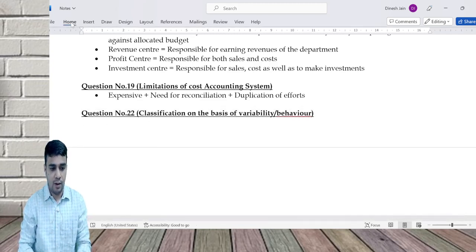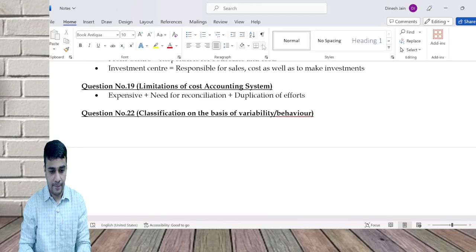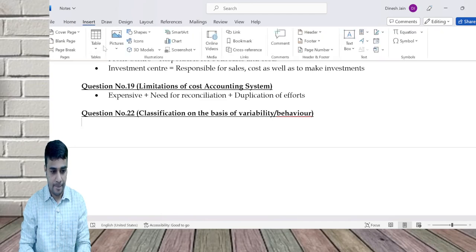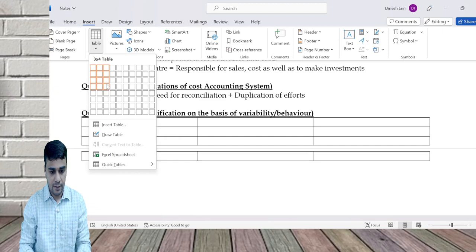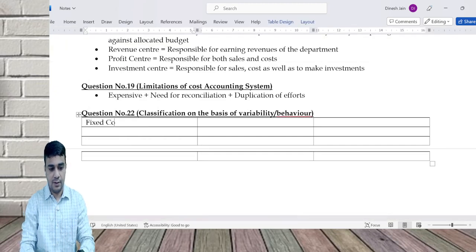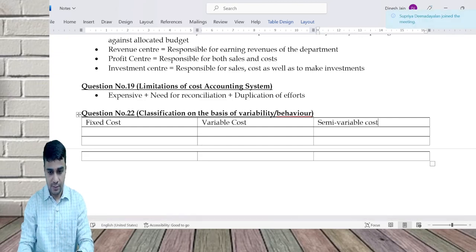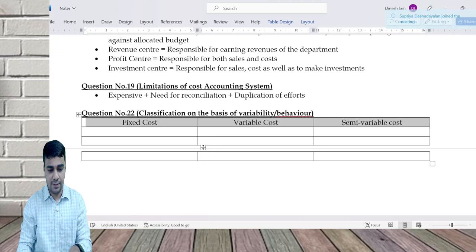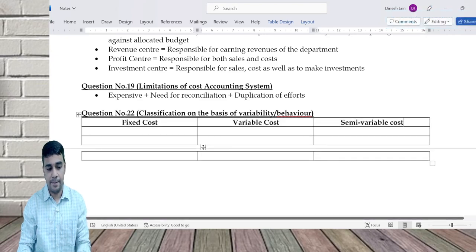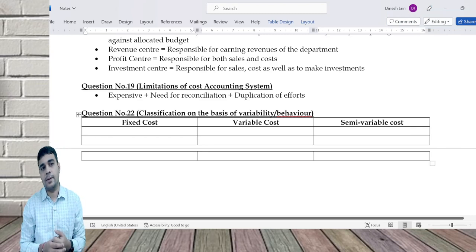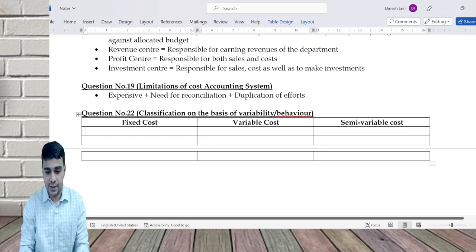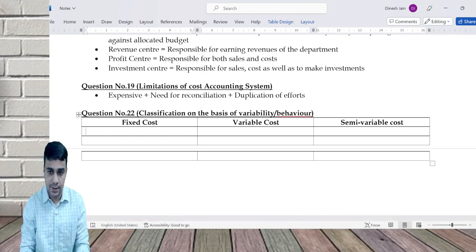You can have three columns: fixed cost, variable cost, semi-variable cost. Fixed, variable and semi-variable.